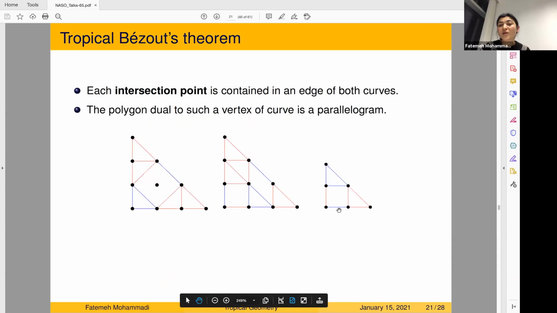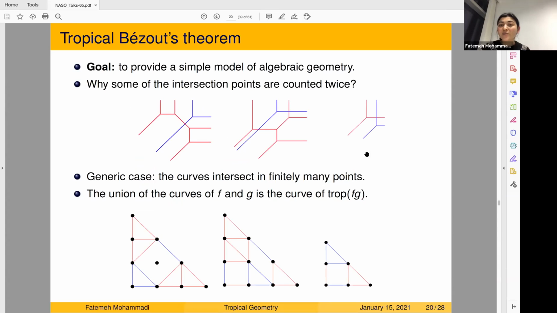So I have a square here corresponding to this intersection point, because the red curve gives me this red triangle as a dual, the blue curve gives me this blue triangle here, and this intersection point corresponds to this square that I see here. And this is the same for all the other curves.